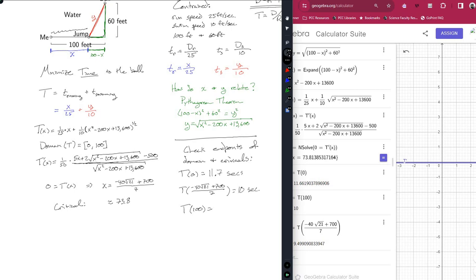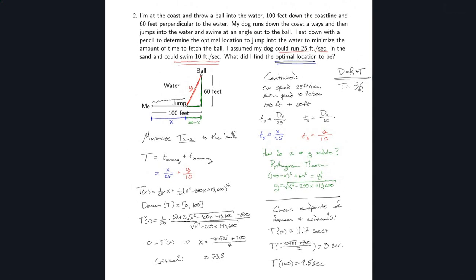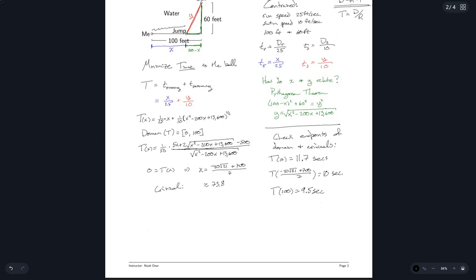And the T of 100 is about 9.5 seconds. So let's just read the problem, make sure that we're answering everything. I assume the dog could run 25 feet per second in the sand and could swim 10 feet per second. What did I find the optimal location to be? So it just wants to know about where the dog is jumping into the water. And we're seeing that that happens. Oh, I just flip-flopped these answers, didn't I?